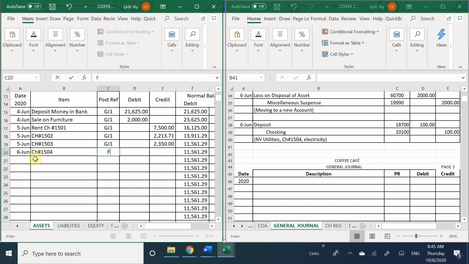General Journal 1. And this time I credit my account for $100. So that should give me now $11,461.29. Okay.